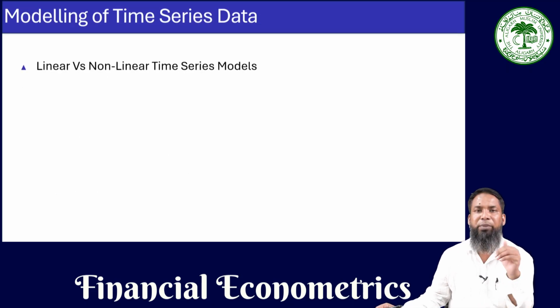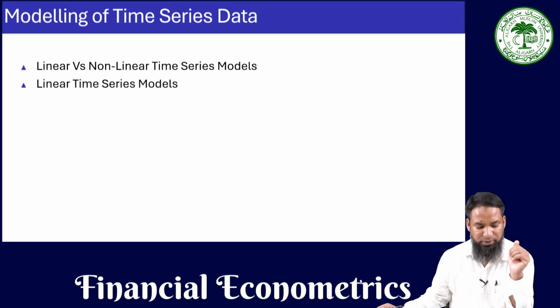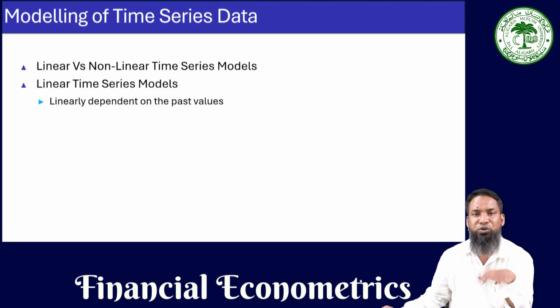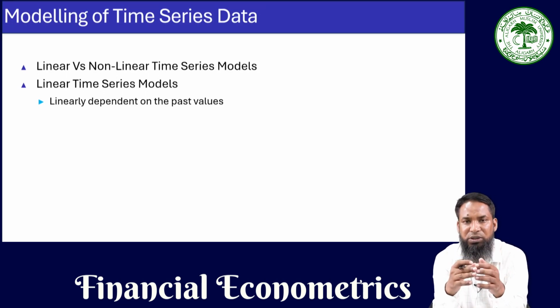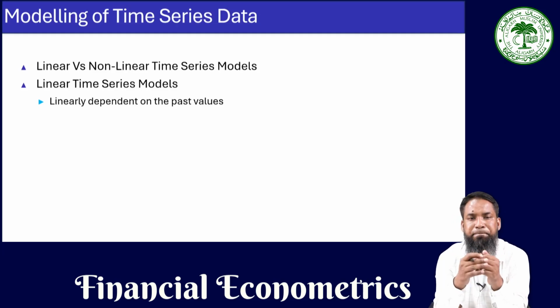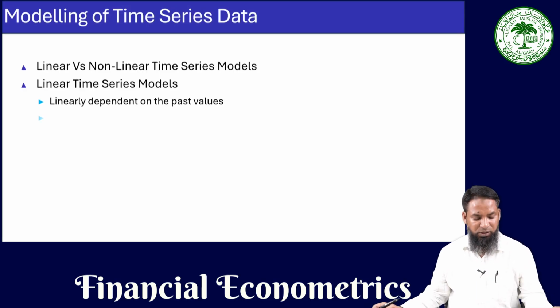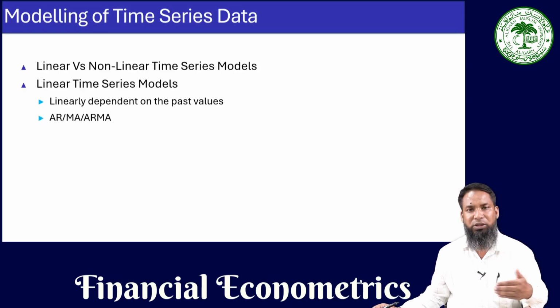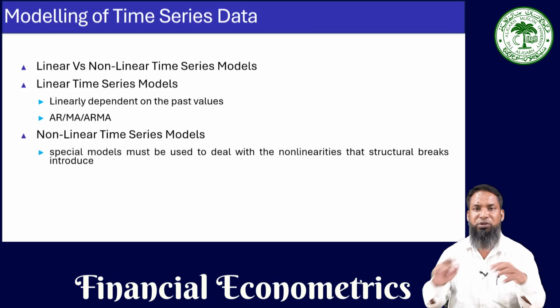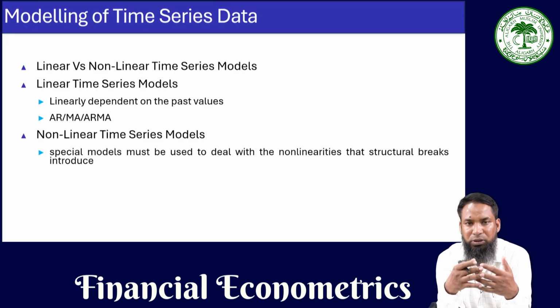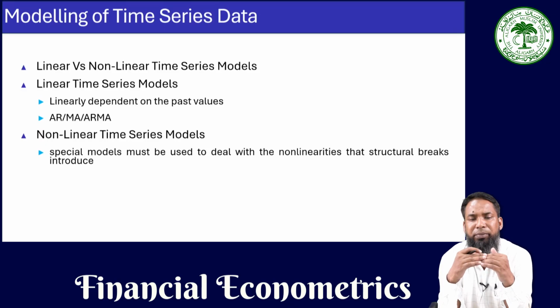Then another dimension of time series modeling is linear or nonlinear time series models. In linear time series models, we assume that the current or future value of the series depends linearly on the past values. So the functional form we define is linear. For example, AR, MA, and ARMA are all examples of linear models. On the other hand, in nonlinear time series models, we assume that the functional relationship is not linear. There may be different, complex reasons for nonlinearity in the relationship.